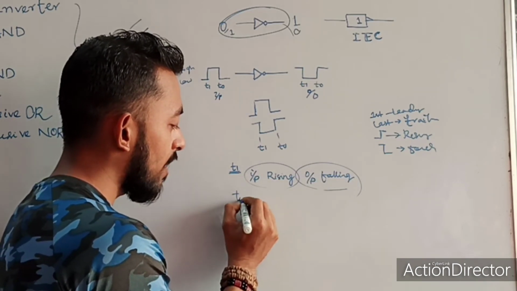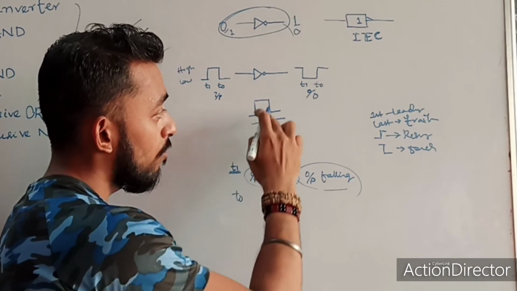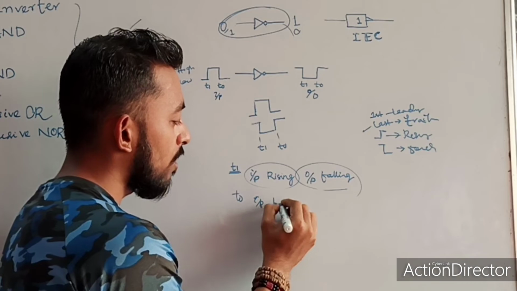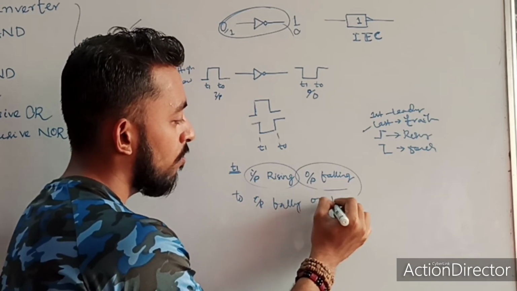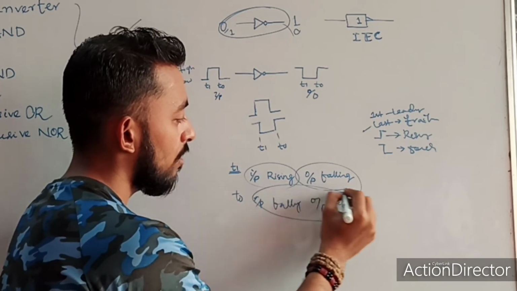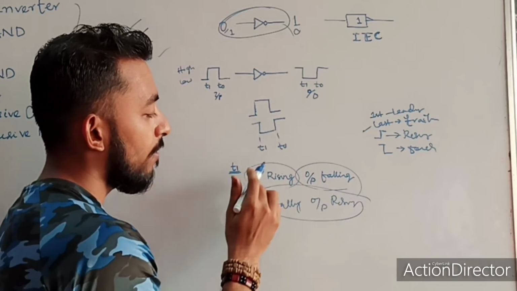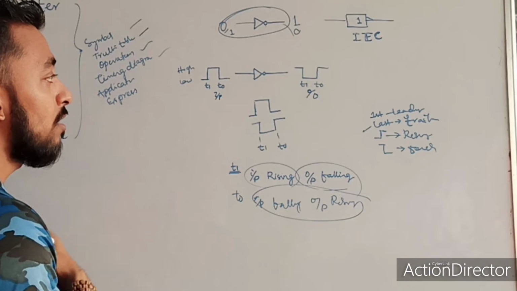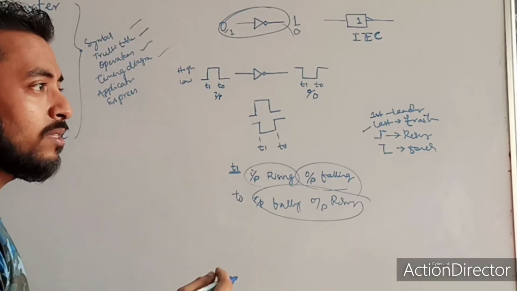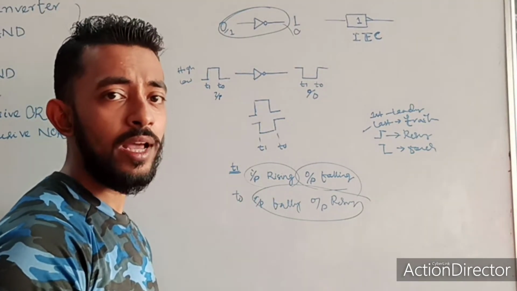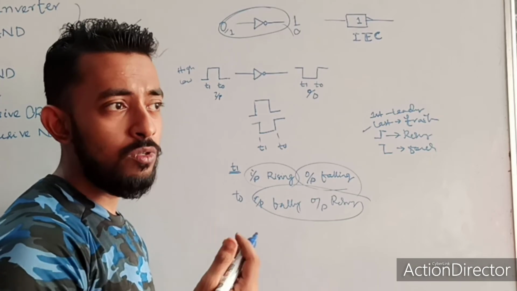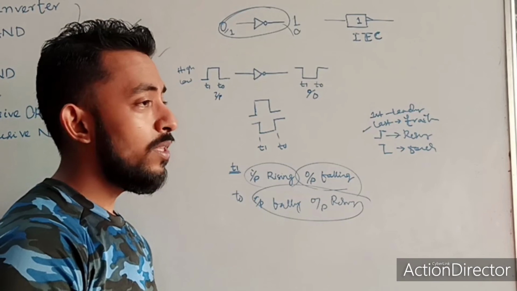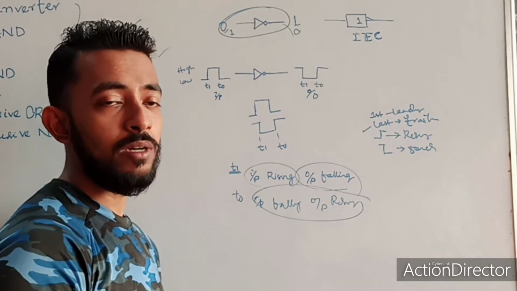Similarly, at time T0, both are the trailing edge, they come last, but my input is falling and my output is rising. Is it clear or not? From these two diagrams I can draw this data. For this inverter, the timing diagram shows the relation between input and output, whether it is rising or falling, and for what interval.